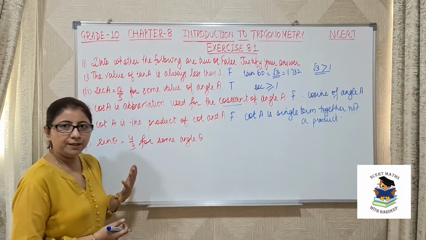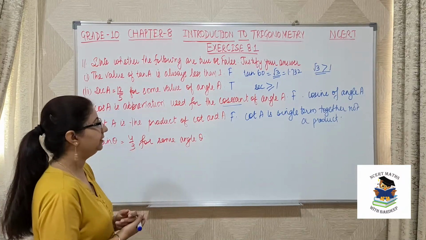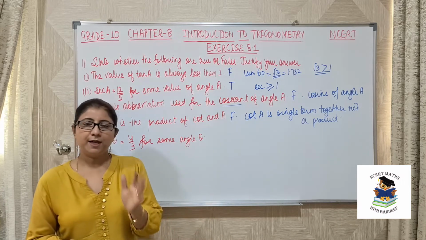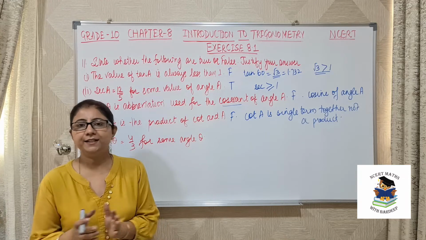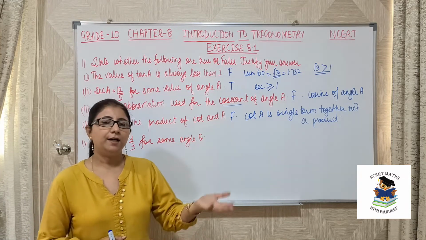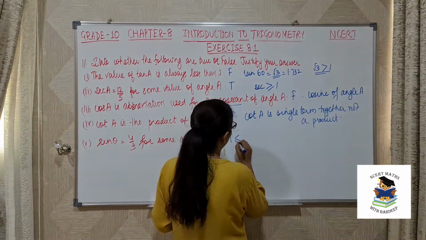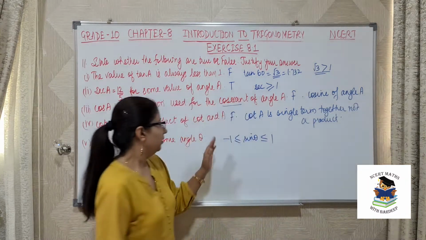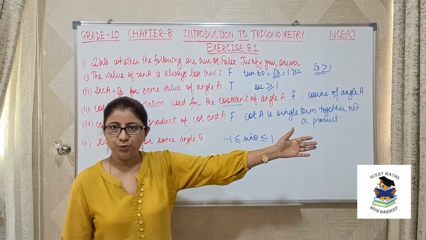Okay, so fifth part is sin theta is equal to 4 by 3 for some angle theta. Again, you can refer to the table that the value of sin theta is always between 0 to 1 if the angles are considered acute. In higher grades also you can see that the range possible for sin theta is -1 to 1, meaning sin theta can never exceed 1.